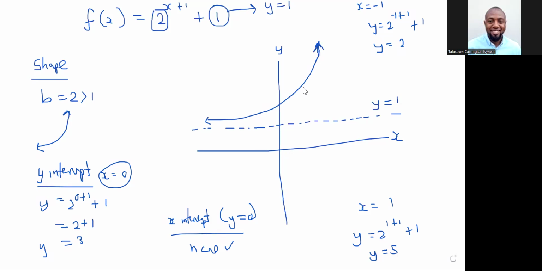This is my y-intercept, at (0, 3). Then the two points I got: this one is (-1, 2), and the other one here is (1, 5).